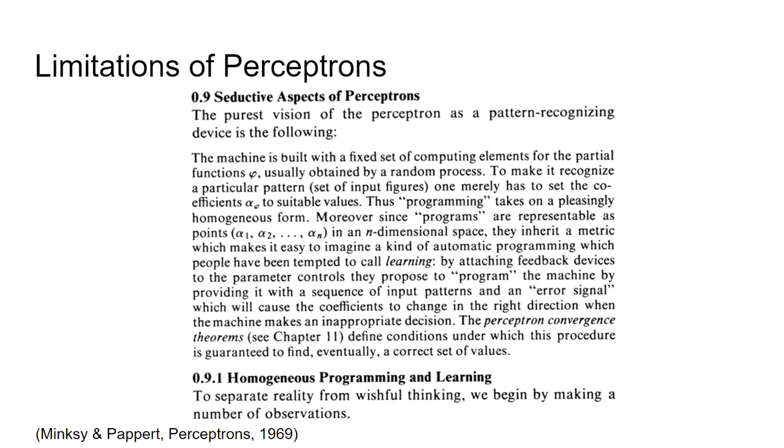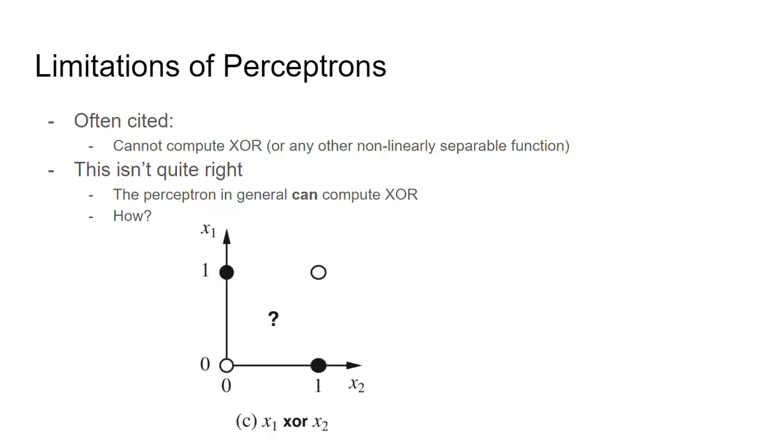Because it's certainly not the rich sort of learning of how the term might be used when talking about people learning or animal learning or things like that. In any case, they then say, all right, to separate reality from wishful thinking, again, beautiful lines, we begin by making a number of observations. And then they go into various things about the critiques of perceptrons.